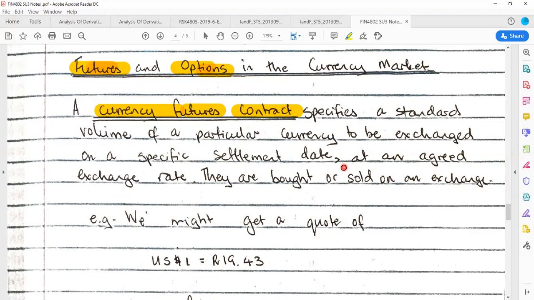Okay, we have what we call a currency futures contract, and basically this is a contract in which you, as the holder of the contract, have the legal obligation to buy or sell a foreign currency on a specified date at a specified amount.